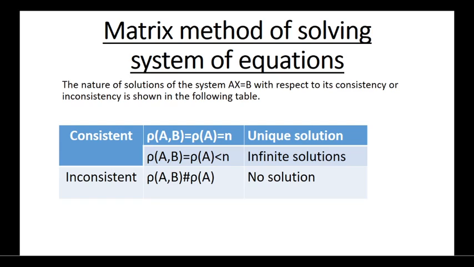And the unknown column matrix X = [x, y, z]. Next, the constant column matrix B = [3, 0, 1]. Now let us construct the augmented matrix [A, B].